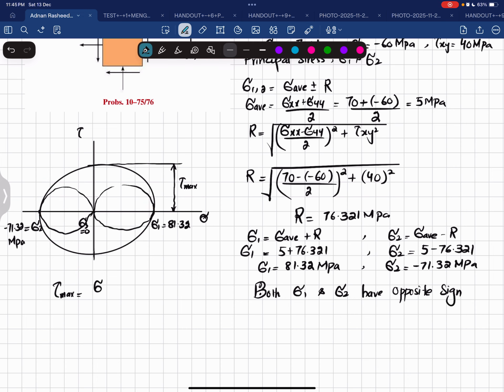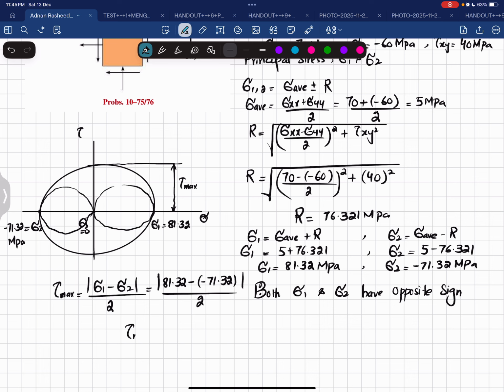And how we'll find this? This will be equal to the absolute value of sigma 1 minus sigma 2 divided by 2. So put the values, sigma 1 is 81.32 minus minus 71.32, divided by 2.